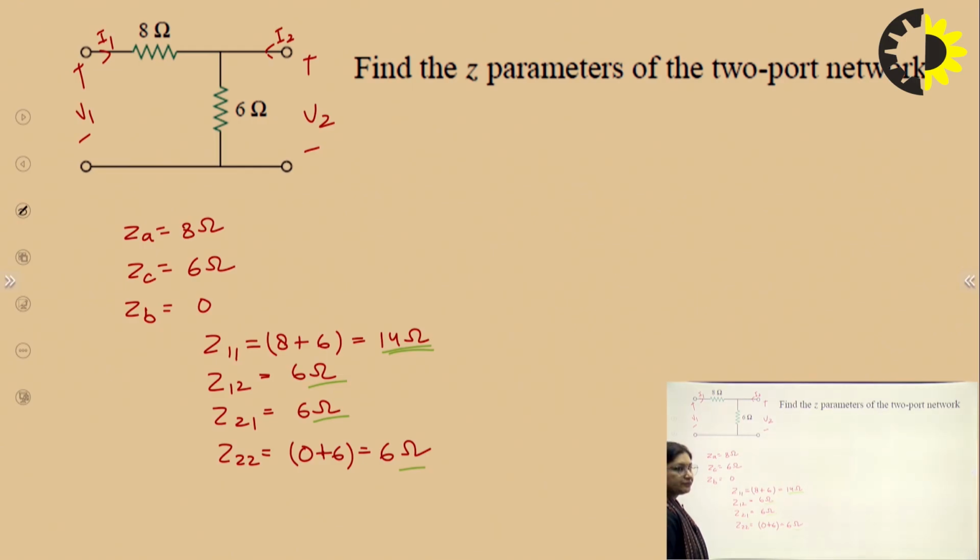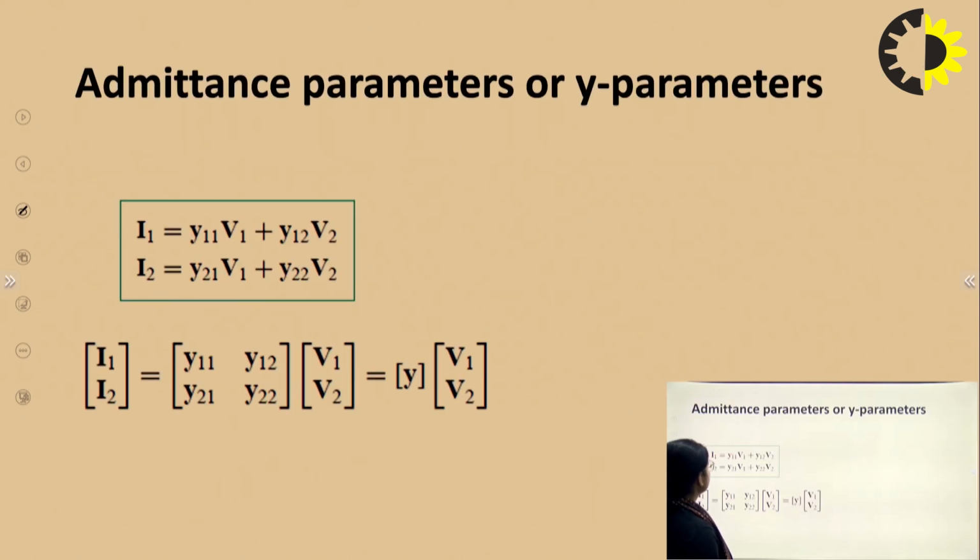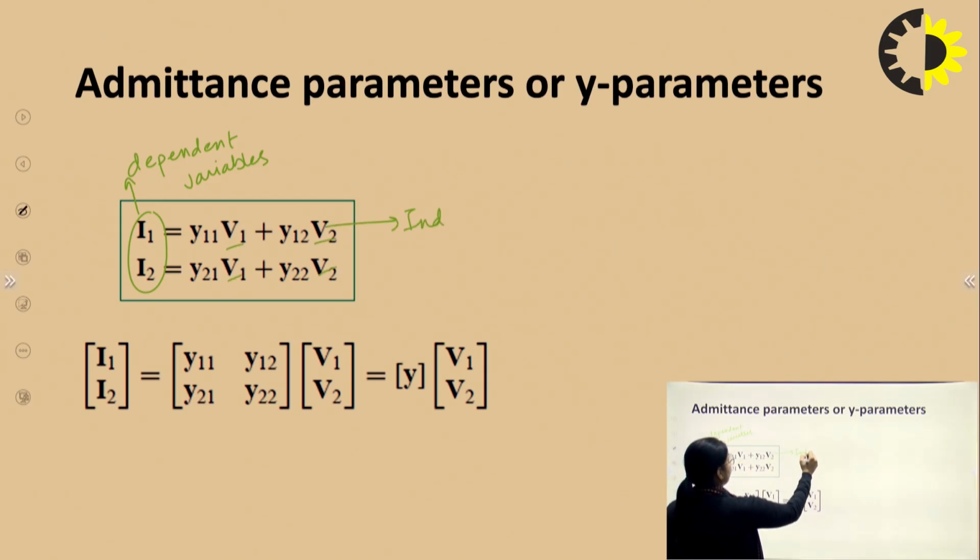Fine. Now, let us come to the Y parameters, that means admittance parameters. In the admittance parameters or Y parameters, I1 and I2 are the dependent variables and V1 and V2 are the independent variables.